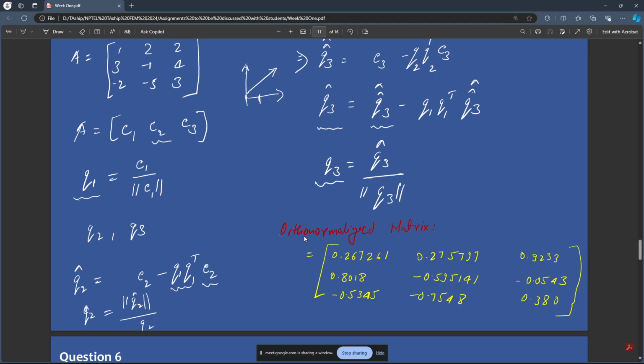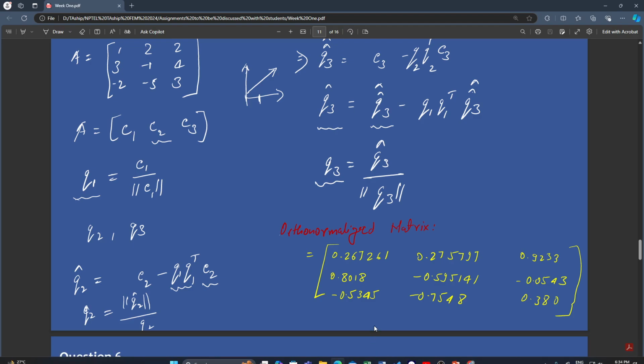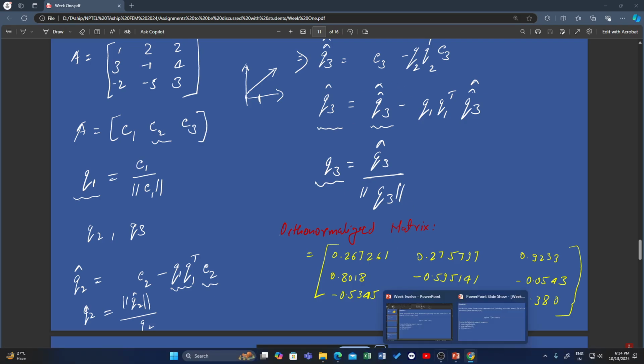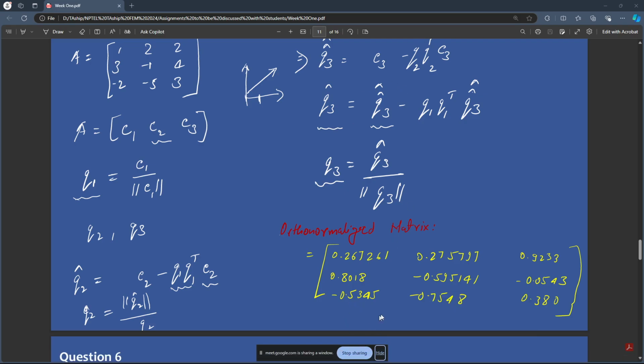Shall I try that? Gram-Schmidt orthogonalization. Did you try with hand calculations or MATLAB? No, I'm doing hand calculations.